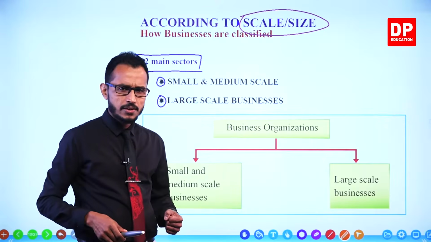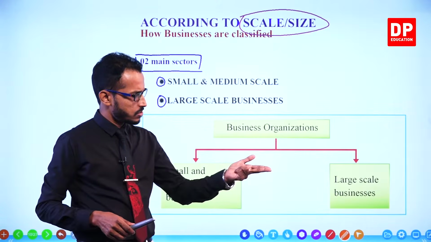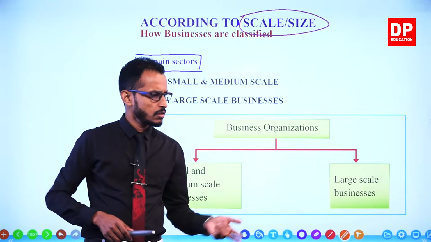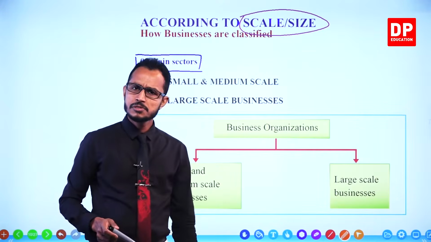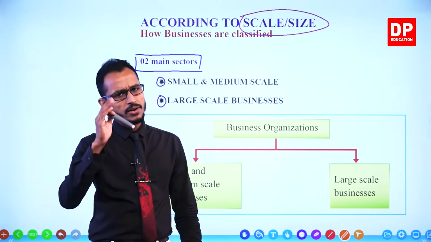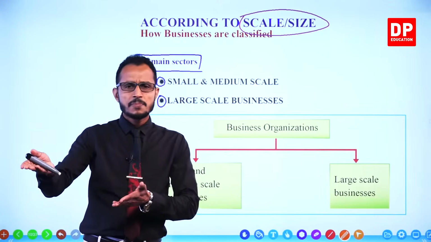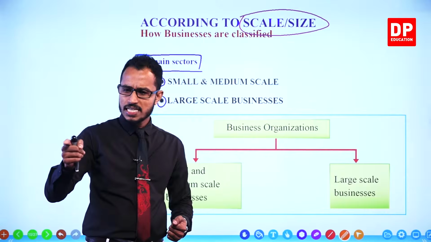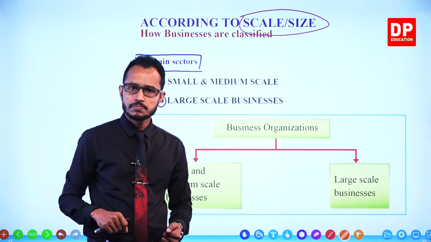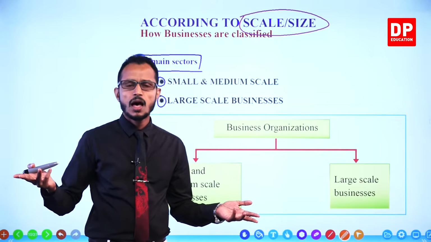How do you decide by looking at a business whether that's a small scale business? How can you decide? Or by looking at another business, how can you decide that it's a large scale business? How?